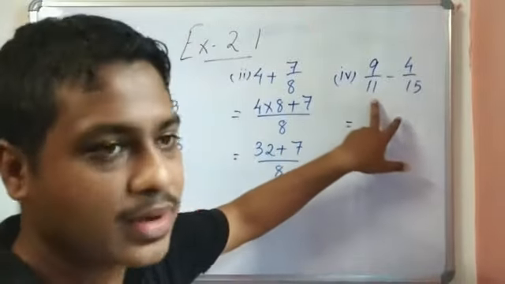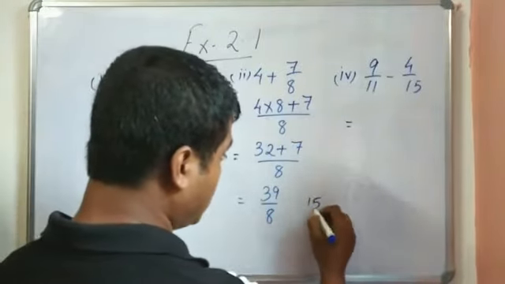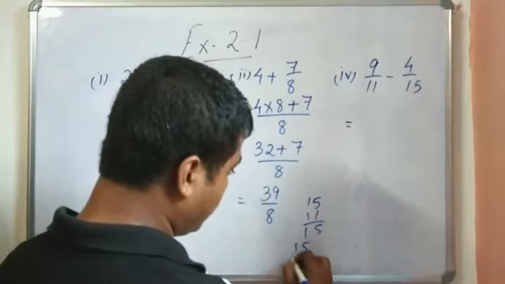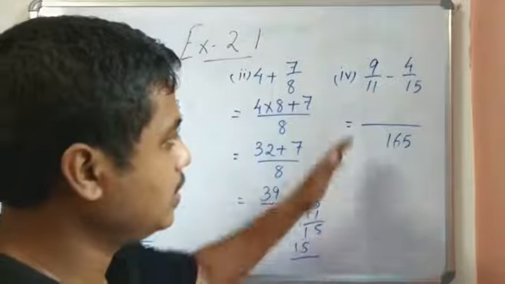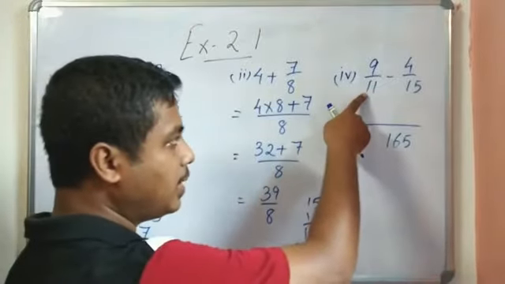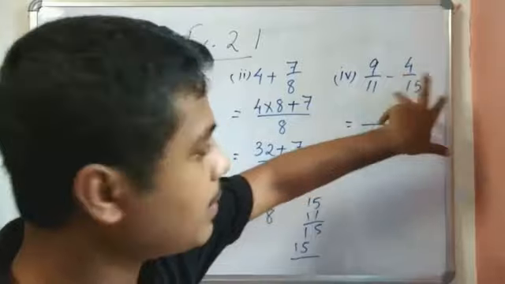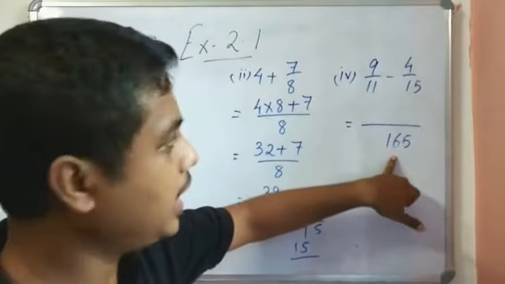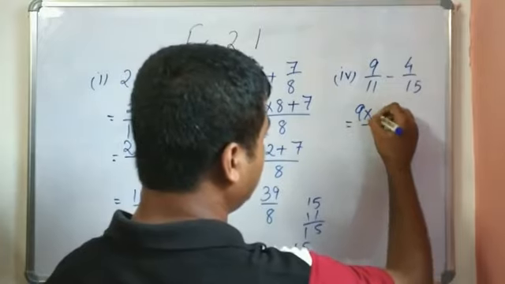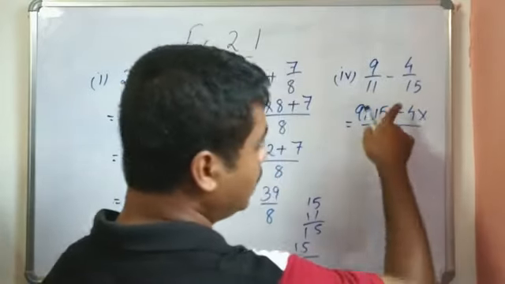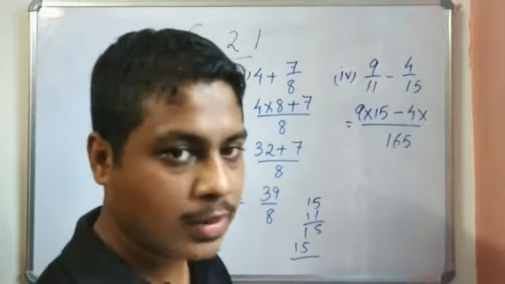First of all, we need to find the LCM of 11 and 15. 15 into 11 is 165, so that will be your LCM. To make these equivalent fractions, the fraction with denominator 11 must be multiplied by 15 to get 165. The denominator is already done, so we multiply the numerator. So 9 into 15 minus 4 into 11, because the 15 has to become 165, so we multiply by 11.